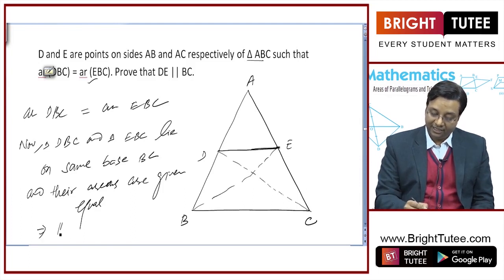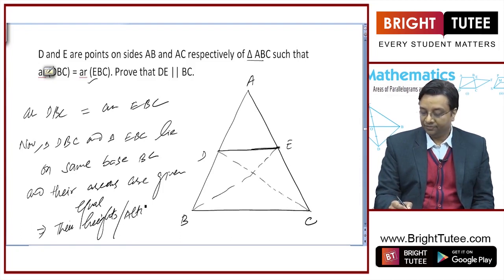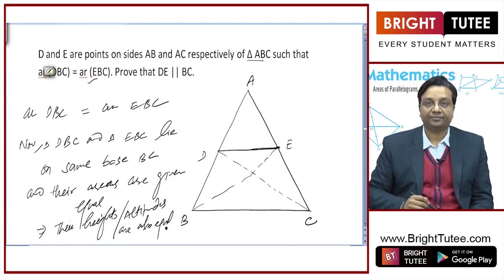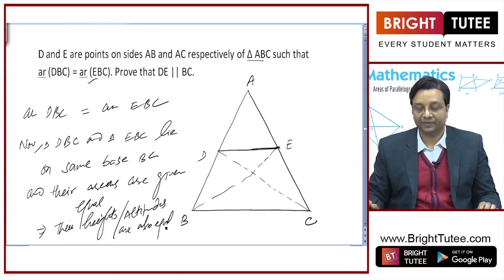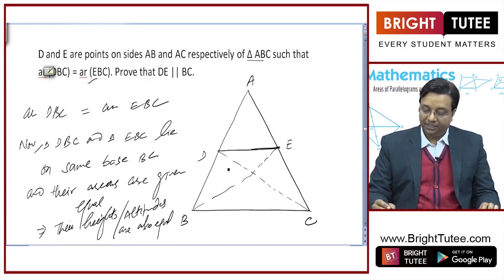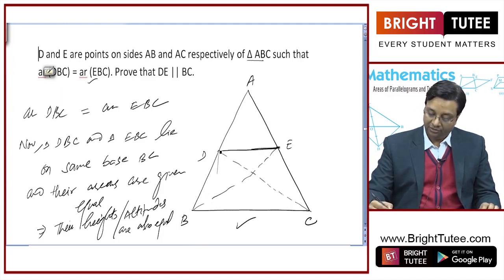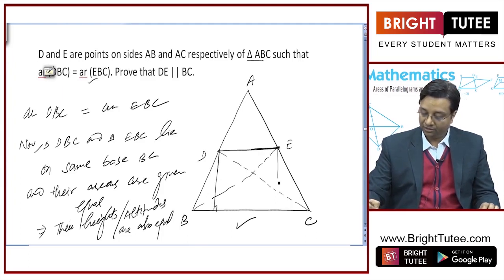Hence I can say their heights, or you can say altitudes, are also equal, right? If these areas are given equal, they lie on the same base BC, so their altitudes will also be equal. This will also be equal to this one.